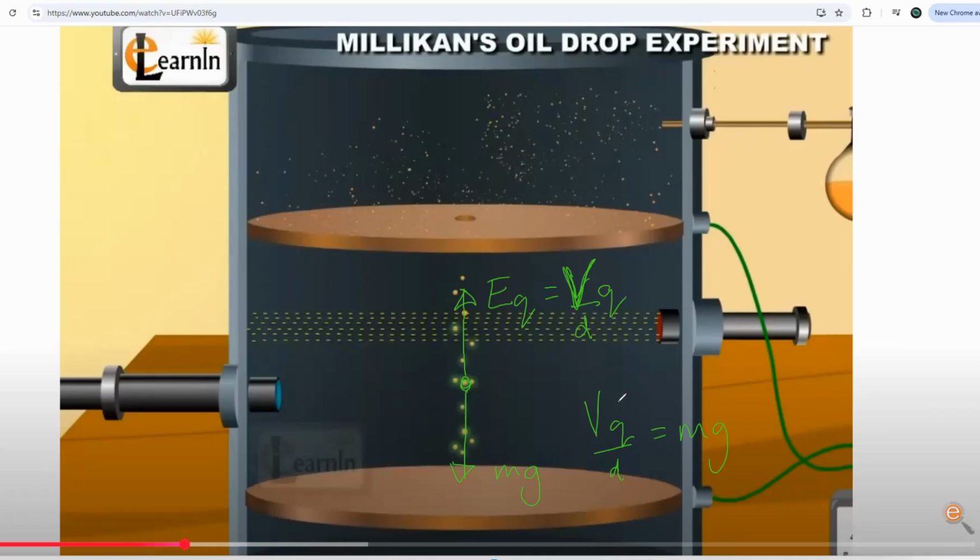So not only did he discover the charge on the electron, but he also discovered that all electrons have the same charge. So he discovered quantization of charge. This was the first time we'd really discovered quantization of anything. So this was a turning point in physics.